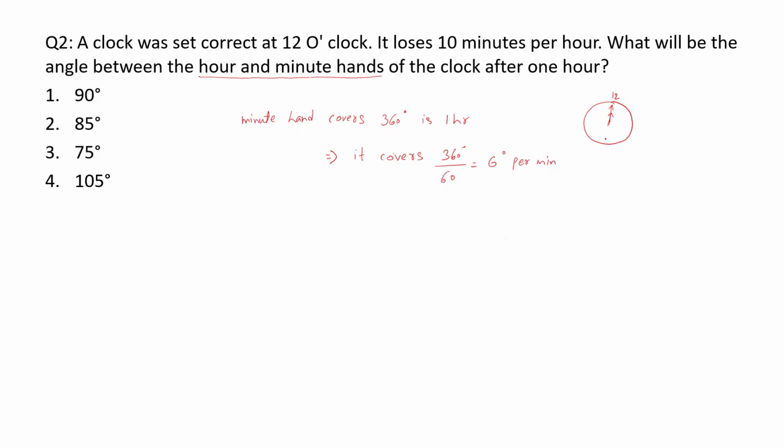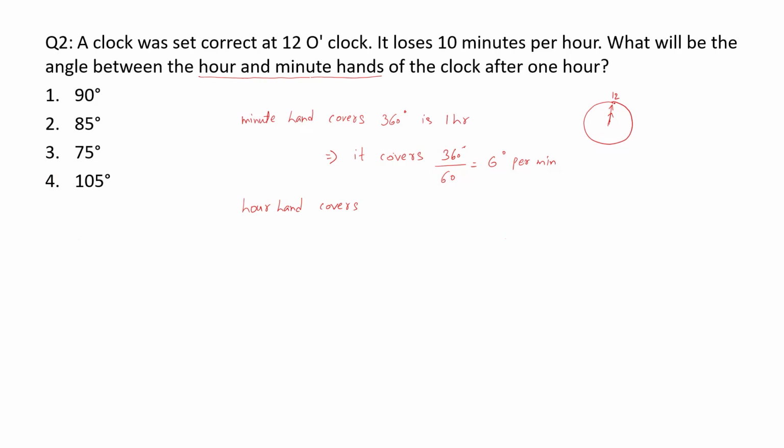That means in 1 minute it covers 6 degrees. So in 60 minutes it covers 360 degrees. Okay. Similarly, what about the hour hand? How much does it cover in 1 hour?